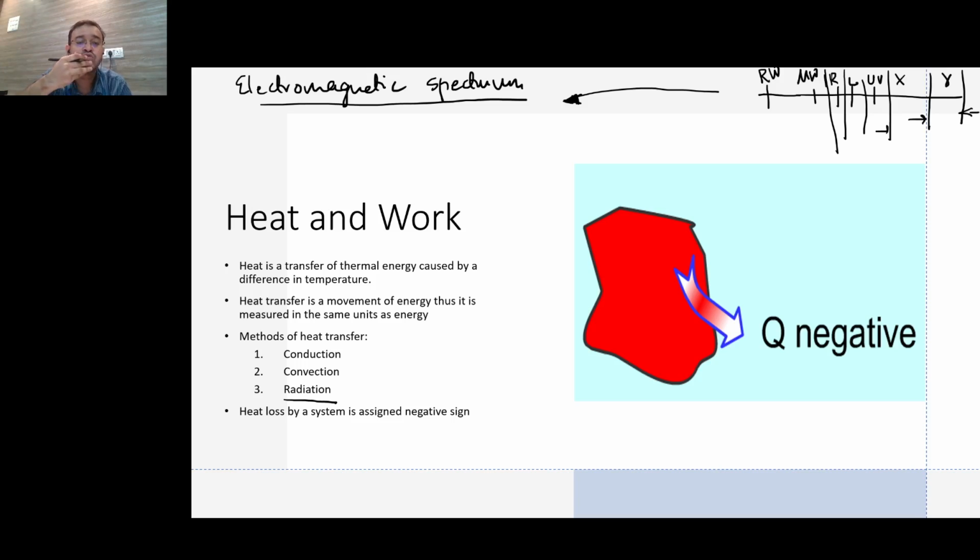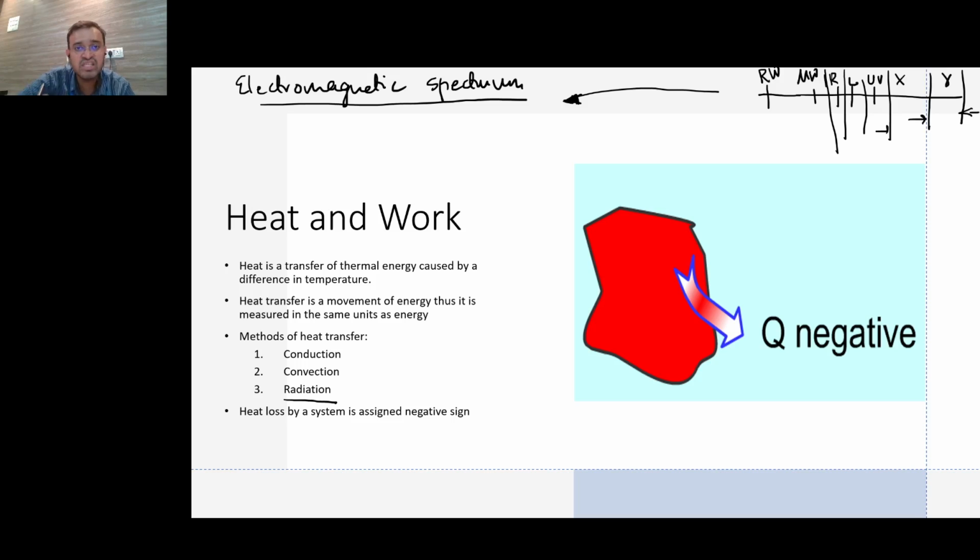All right, so when you transfer heat to an object or to a system, say I'm heating up this bottle of water, in that case we assign it a positive value. So when you are adding heat to an object, you have to consider it to be a positive value.